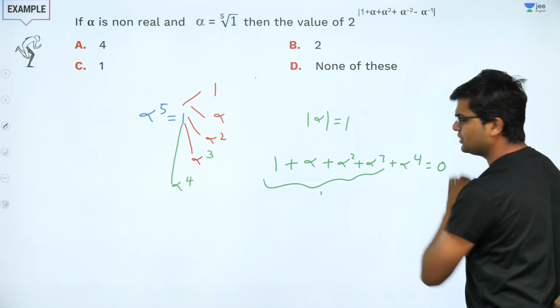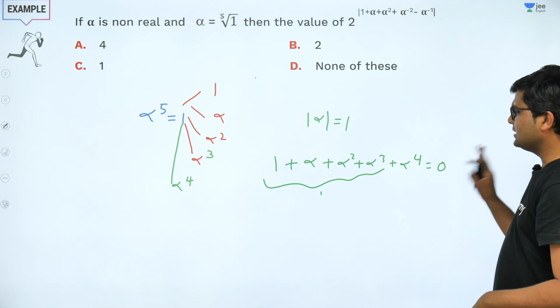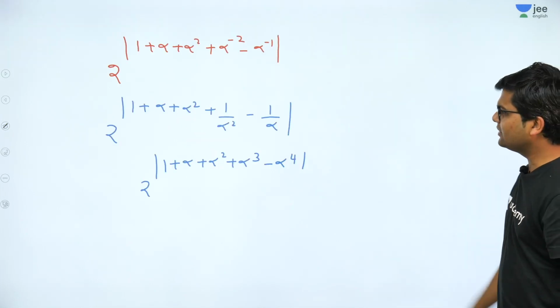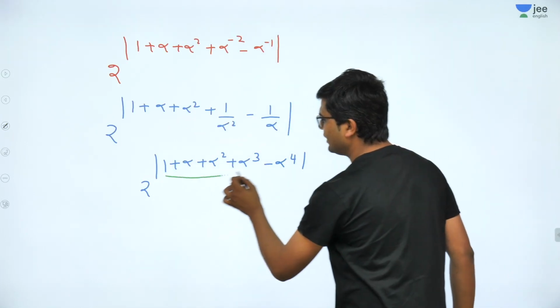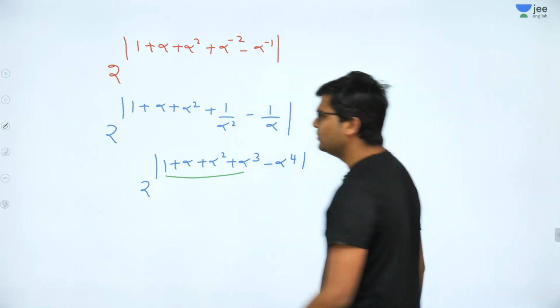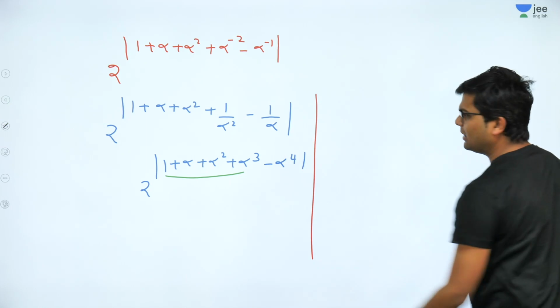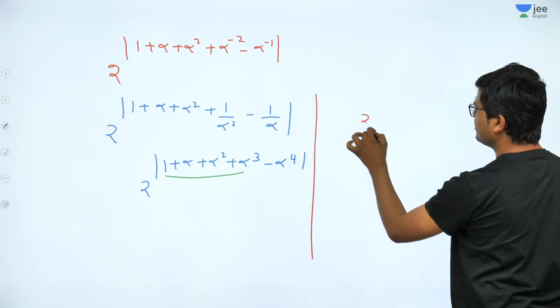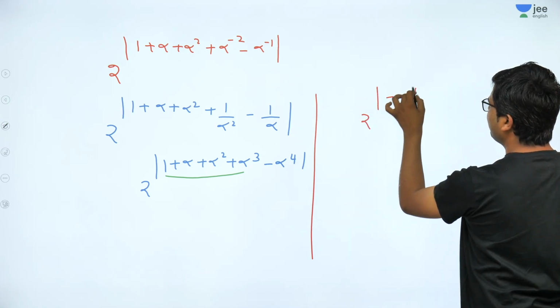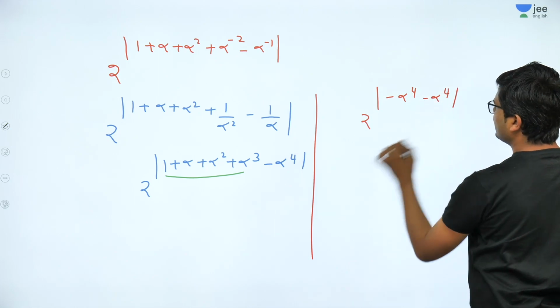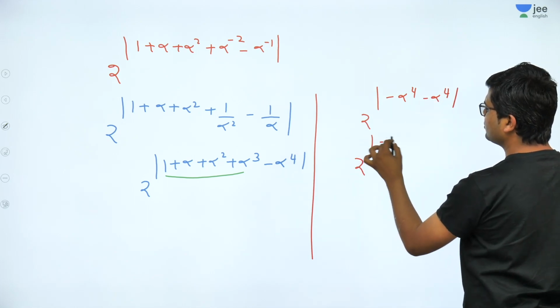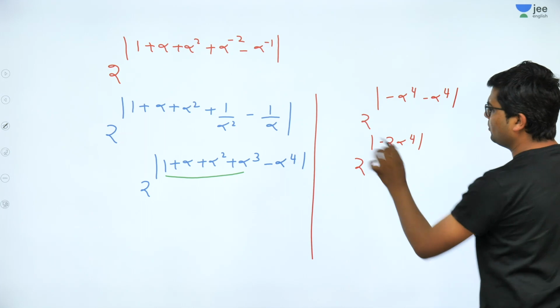So the summation of these terms can be written as minus alpha power 4. So 1 plus alpha square plus alpha cube can be written as minus alpha to the power 4. Got my point? So this will become 2 raised to the power modulus of minus alpha power 4 minus alpha power 4, which is minus 2 times alpha power 4, whole modulus.